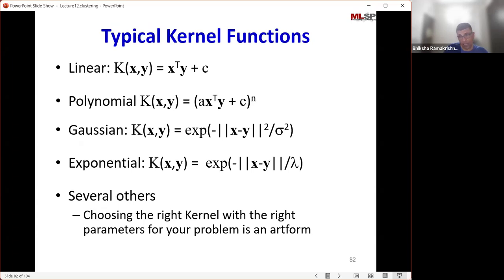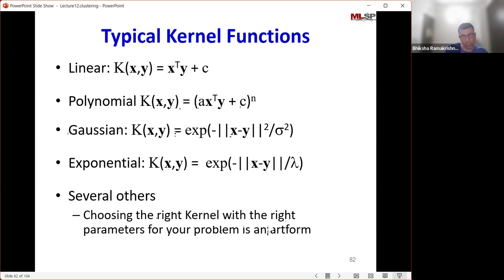Anyway, what kinds of functions are kernels? Turns out there are quite a few. There's the linear kernel, which is just the inner product between x and y plus c. There's the polynomial, which has this form. There's a Gaussian. In fact, the Gaussian kernel has a very interesting property. It actually computes the inner product between two vectors in an infinite dimensional space. That's amazing, right?